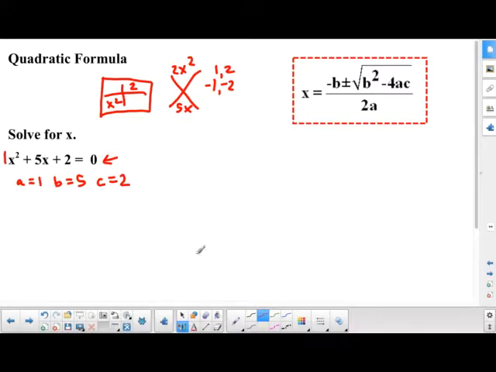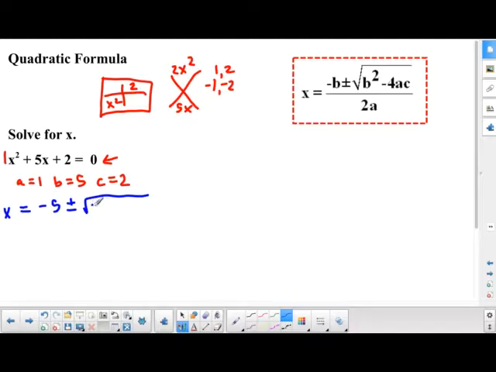At this point, it's simply a matter of using the formula. It's negative b, so the opposite of this is negative 5. So x equals negative 5 plus or minus, then we go to b squared. What is 5 squared? Well, 5 times 5 is 25.